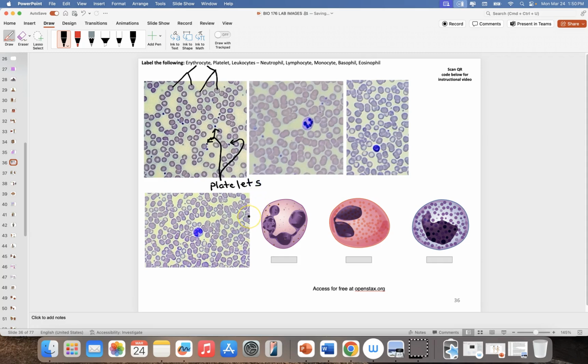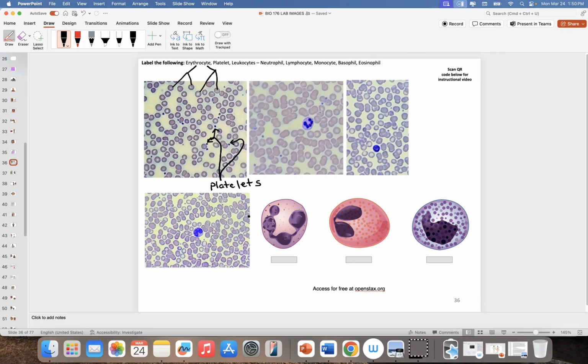Next, we can take a look at our white blood cells, or leukocytes. And we have different types of leukocytes. We can tell them apart by looking at their nucleus, because the nucleus is going to vary a little bit. And then sometimes we also take a look at the cytoplasm to help us identify the cell as well.